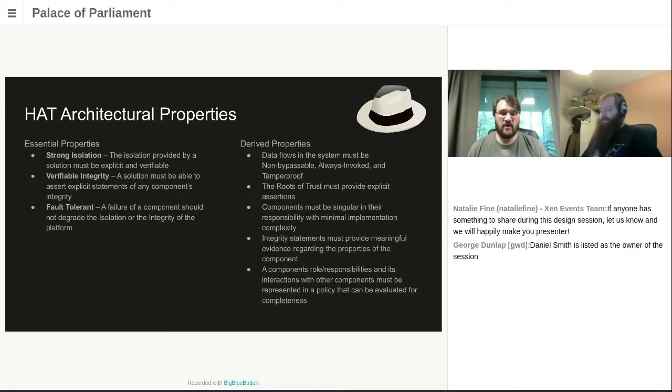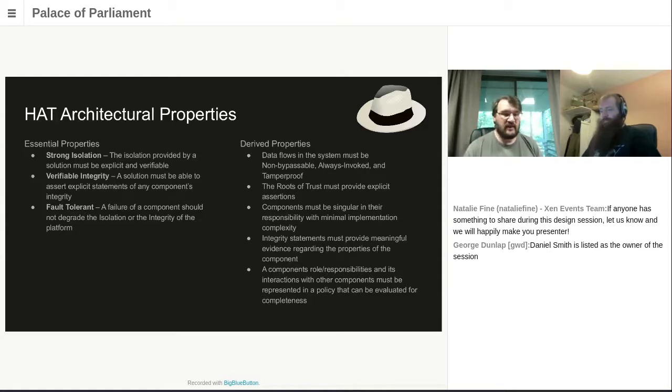So from an architectural standpoint, we defined 3 essential properties that the architecture must maintain: strong isolation, verifiable integrity, and fault tolerance. When you take these 3 properties, there are some derived properties that kind of fall out to achieve those.